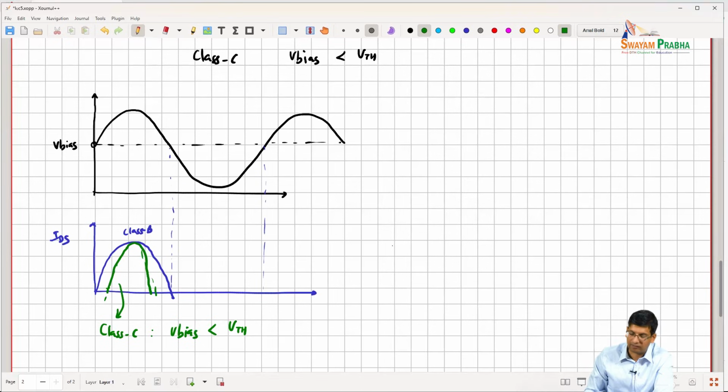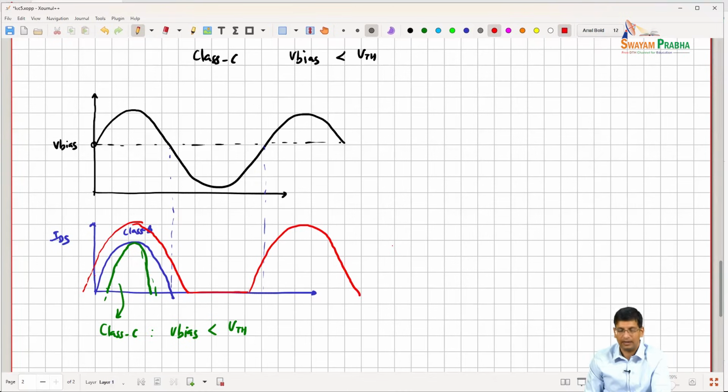Or I might have a situation where I do class AB, which I will show here, but there will be some DC current. So in that case, let's do this in red. What you will see is that it runs for more than half the cycle, but then zeroes out and then runs for some more part of the cycle. So this would be class AB.